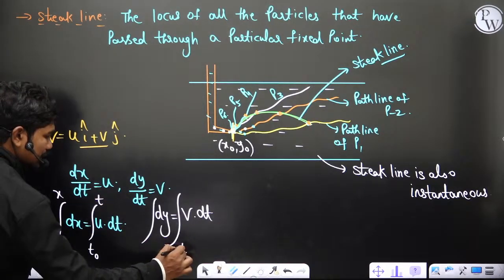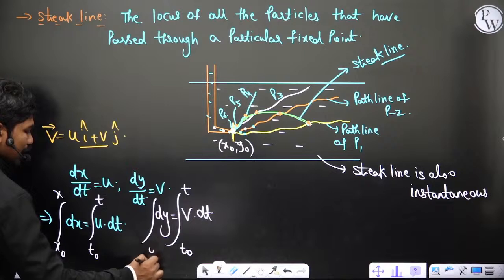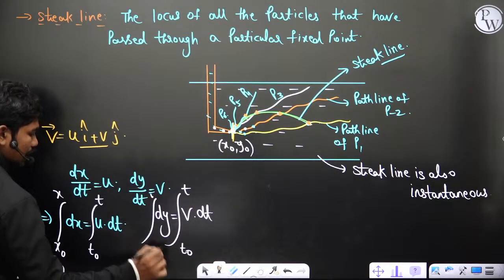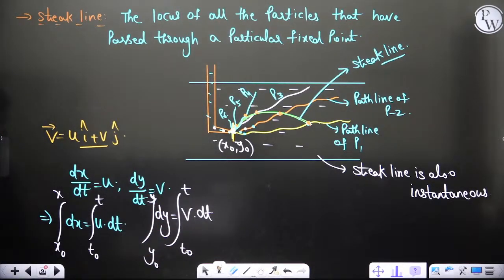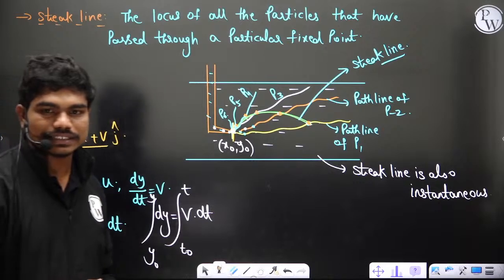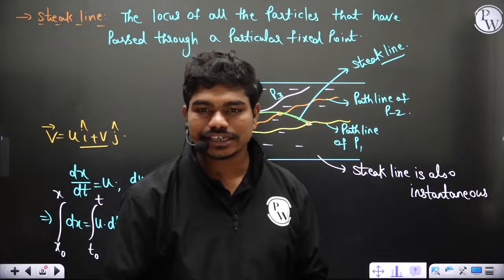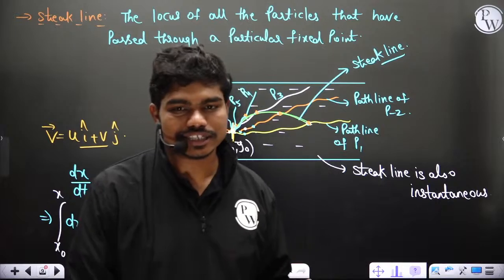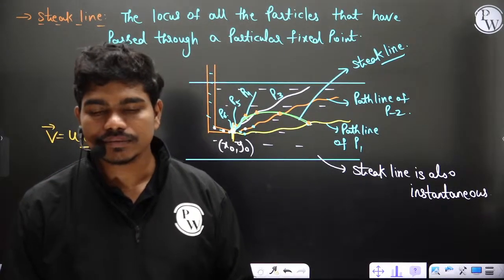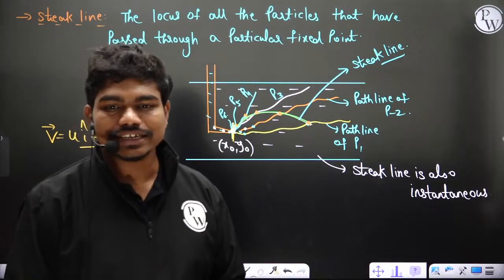Similarly here you can see t naught and t, this is y, and y0 and also y. So you can have an equation in terms of x0, y0, x, y, t. At what particular instant you want the streak line, you substitute the value of t, and you will get the streak line. Okay, so is this clear to all of you?